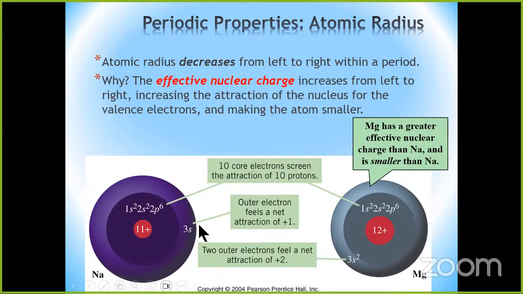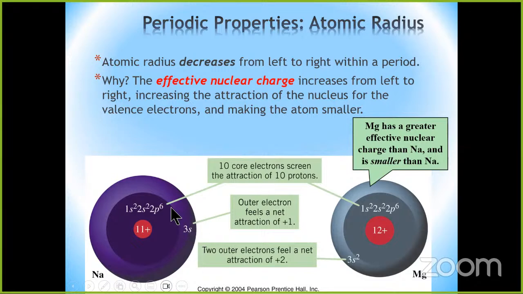So basically, you have 2 forces in operation here. You have the attractive force of the nucleus for the valence electrons, and you have the repulsive force between the inner core electrons and the valence electrons. So basically, the effect that these inner core electrons will have is that they will be shielding the valence electrons.